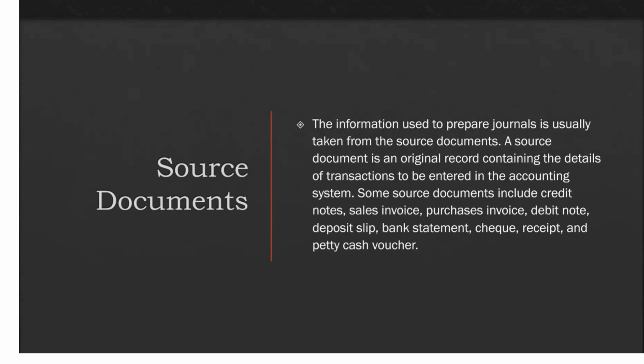Here are a few examples: credit notes, sales invoices, purchases invoices, debit notes, deposit slips, bank statements, checks, receipts, and petty cash vouchers are just a few of the different source documents that we have.